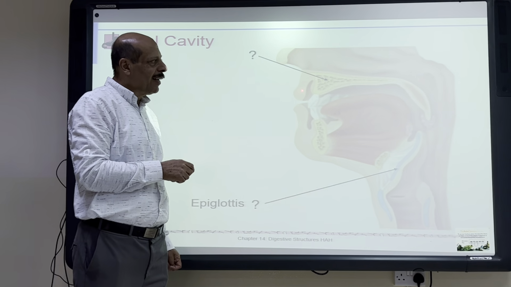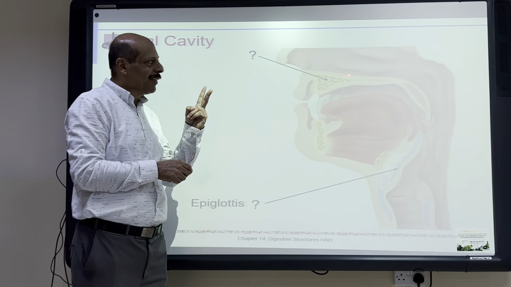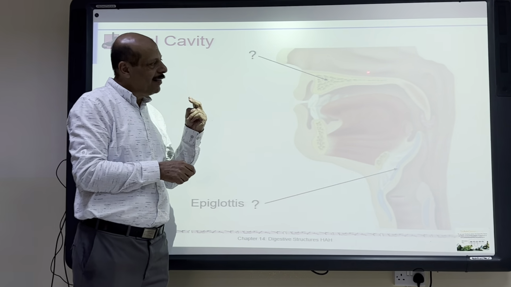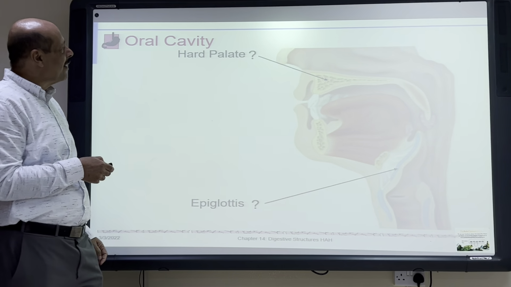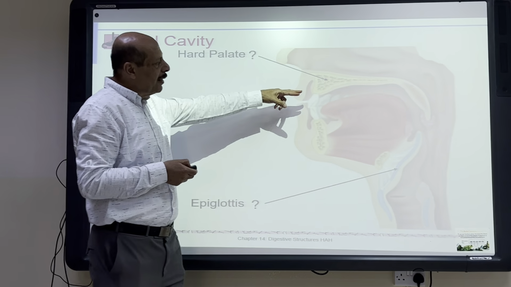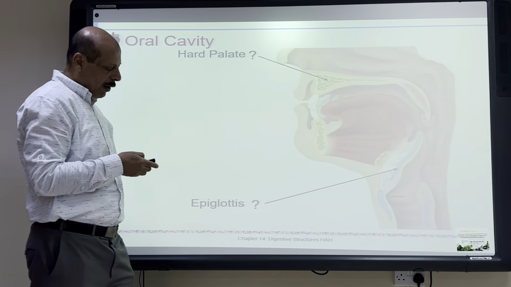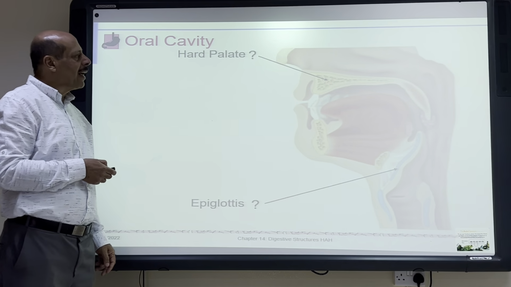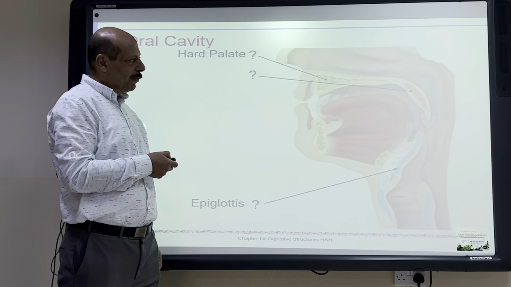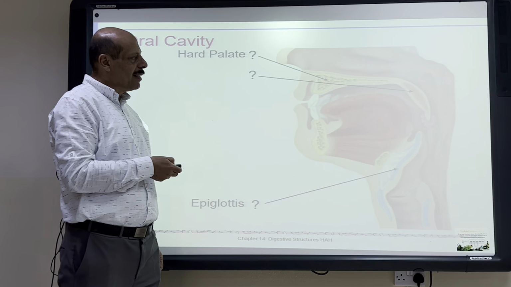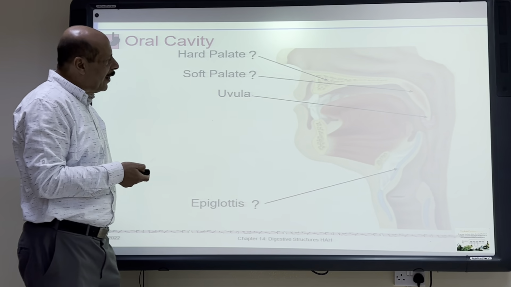We have two types of the palate: hard palate and soft palate, which is in between, which separate the mouth from the nose. So we have the hard palate and the soft palate. And this is the uvula.